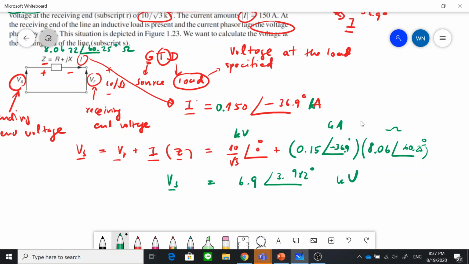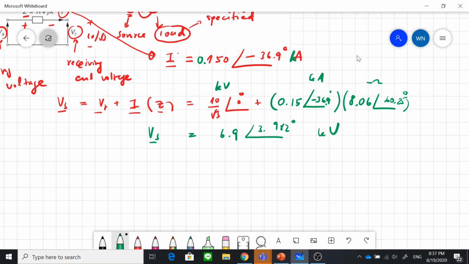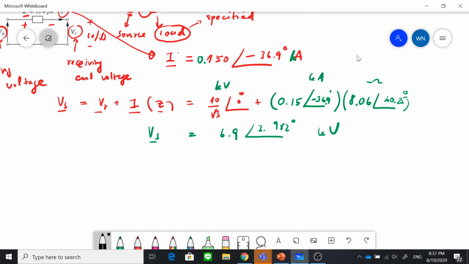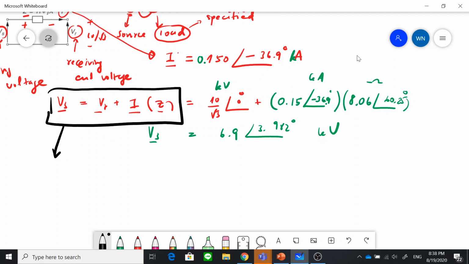If you want to see it in terms of the phasor diagram, let me draw the phasor diagram for you. Now you see from the equation that describes the circuit, Vs is equal to VR plus the voltage drop. So the reference, or the zero angle, because when you draw the phasor diagram, you draw it in the complex plane.